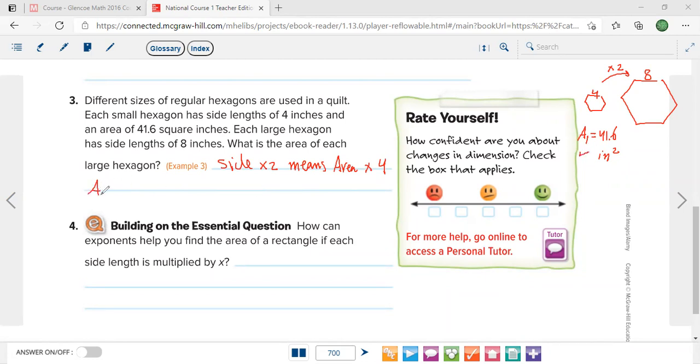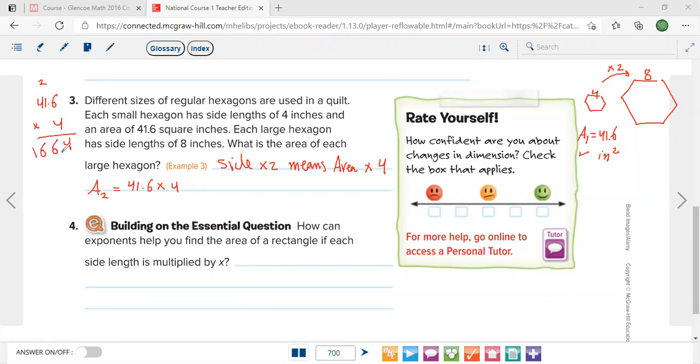So simply, you want to find area 2, this is area 1. We need to find area 2. Area 2 is 41.6 multiplied by 4. Let's multiply 41.6 by 4. 4 multiplied by 6, 24, carry 2. 4 multiplied by 1 is 4 plus 2, 6. 4 multiplied by 4, 16.